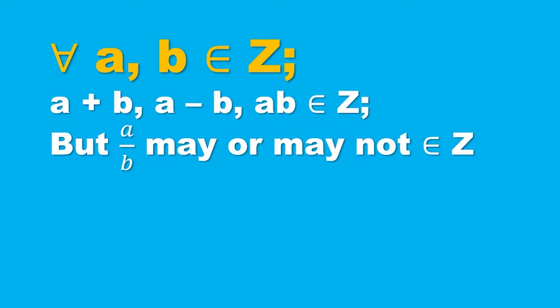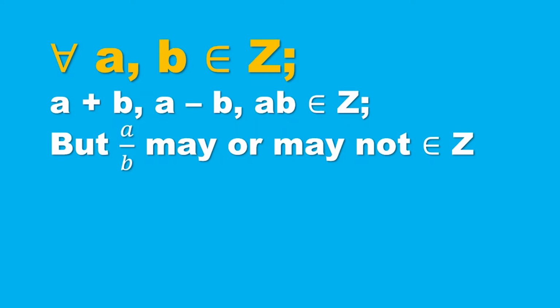So this first yellow statement basically means for all values a comma b belonging to integers. So for all values a comma b means a and b can take any values which belong to integers. Now the Z basically is a symbolic way of representing integers, and Q is a symbolic way of representing rational numbers.